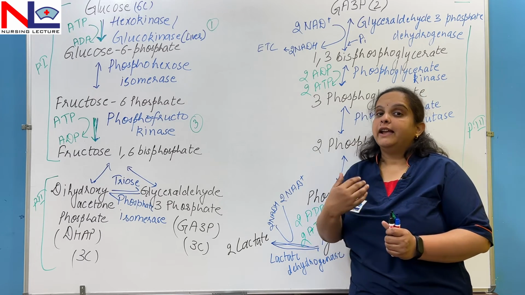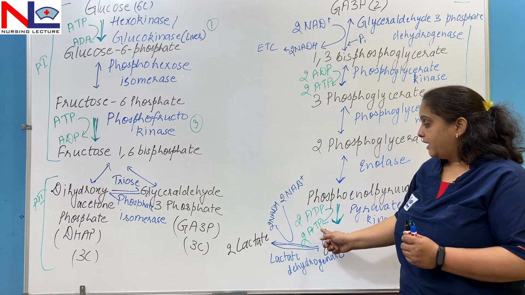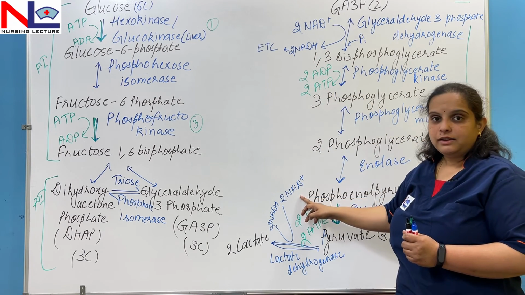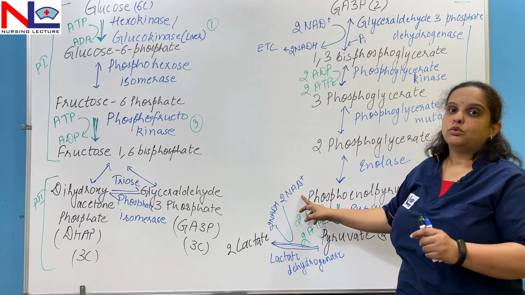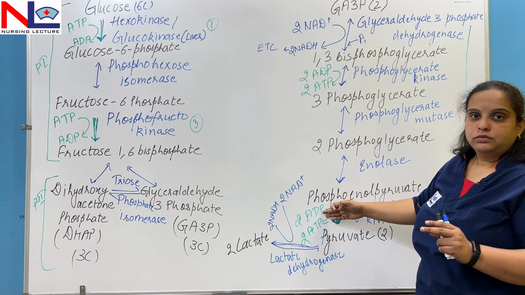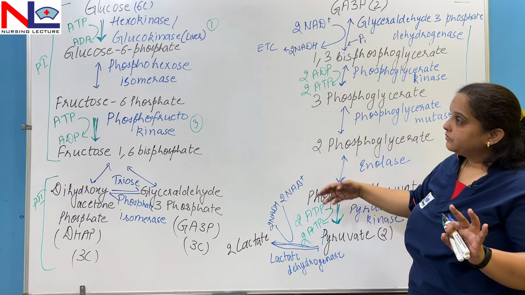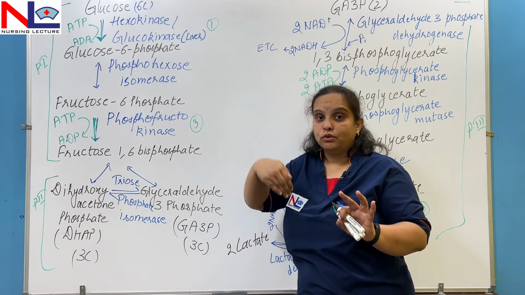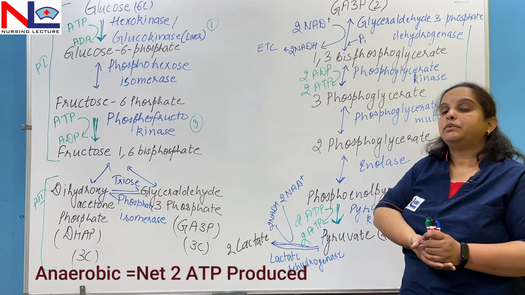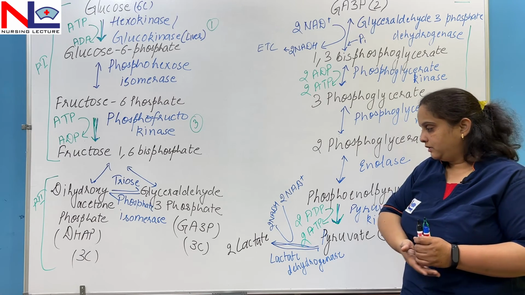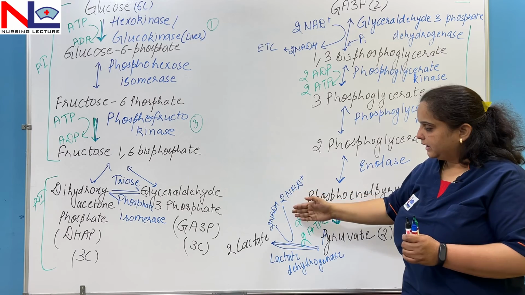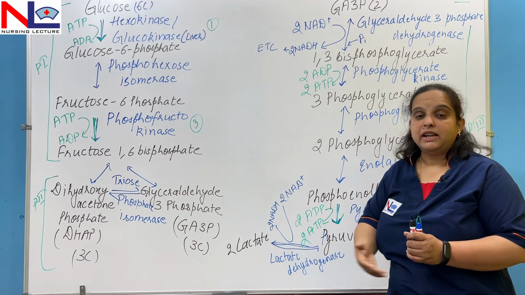Thus in aerobic condition 7 ATPs are net generated. But in anaerobic condition, where this NADH is again utilized here, the overall production is only 2 ATP, because 2 and 2, total 4 ATPs are produced and 2 consumed. So 4 minus 2 is 2. So only a net 2 ATPs are produced in anaerobic condition, because the NADH-derived ATP is utilized here to form the lactate.